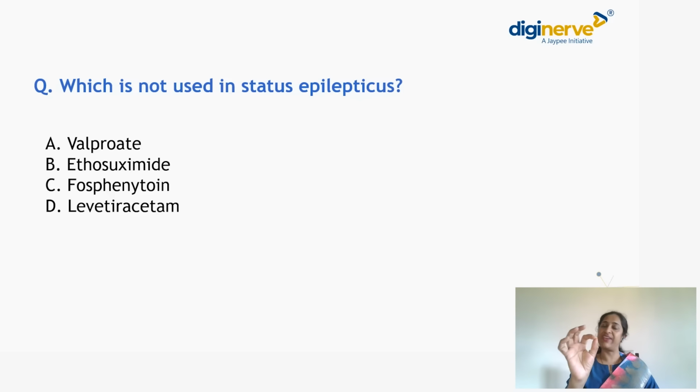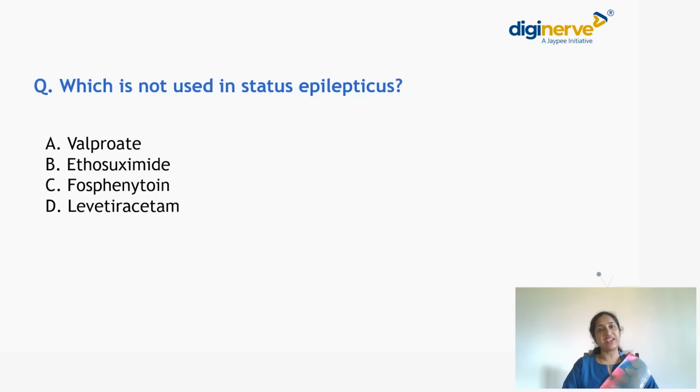Ethosuximide is a very selective agent and is used only in one type of seizure, which I'm sure you can recollect. Ethosuximide is the drug of choice in absence seizures, usually in older children. In smaller children, carbamazepine and valproate work very well, but in older children we use ethosuximide.